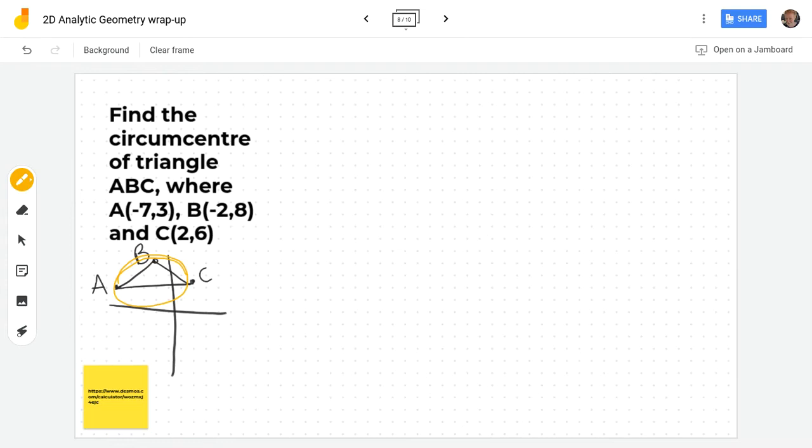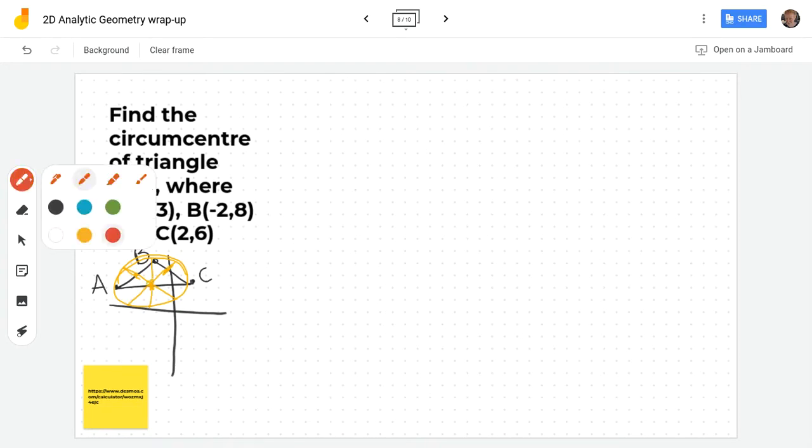And then you find the perpendicular bisectors of each of these sides. So it goes through the midpoint of each side at a perpendicular angle. 1, 2, 3. Kind of like this.